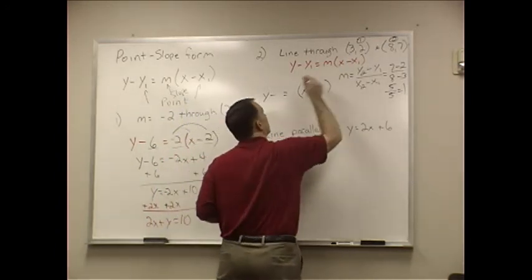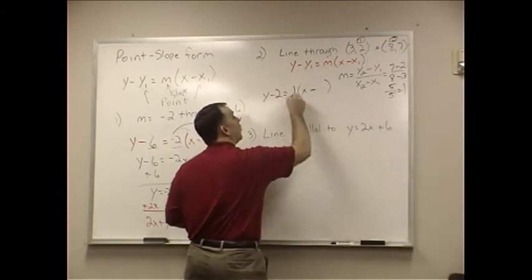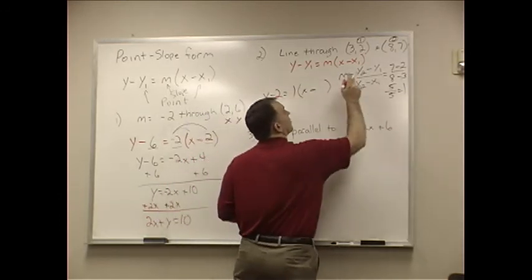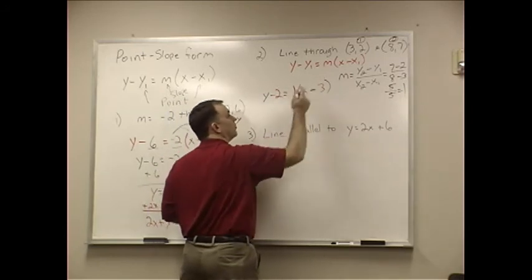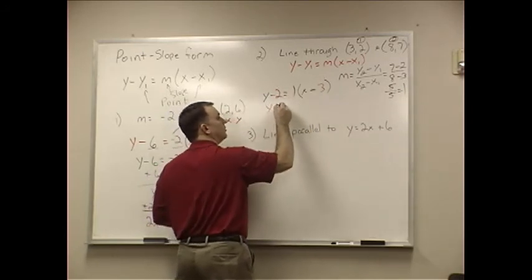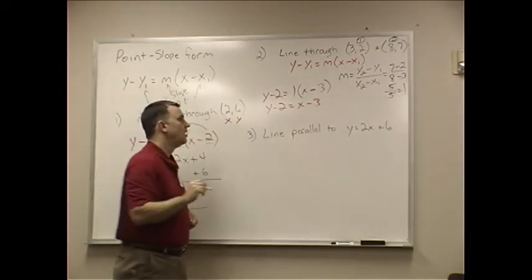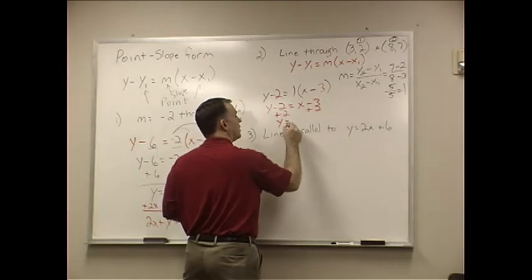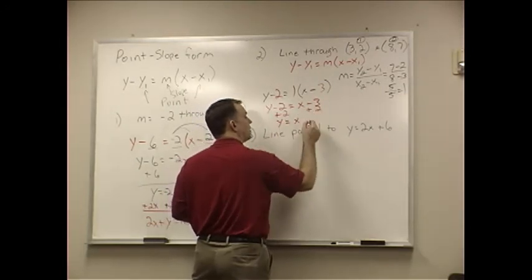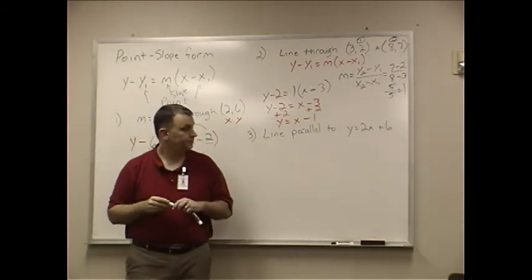So y minus 2 equals m, which is 1, times x minus 3. I love doing distributive with 1 because nothing changes. You just lose the parentheses, add 2 to both sides, and you get y equals x minus 3 plus 2, so y equals x minus 1.